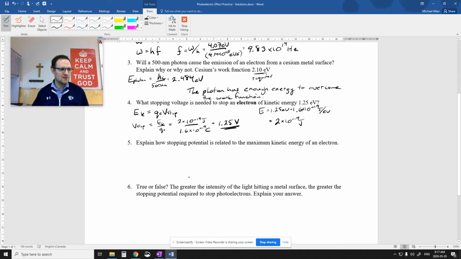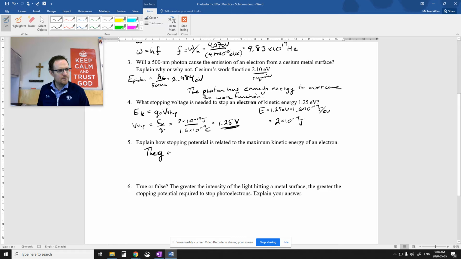Cool. Explain how stopping potential, which is the voltage, is related to the maximum kinetic energy of the photoelectrons. Okay. So they are directly proportional to each other.